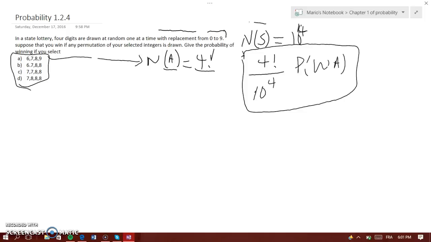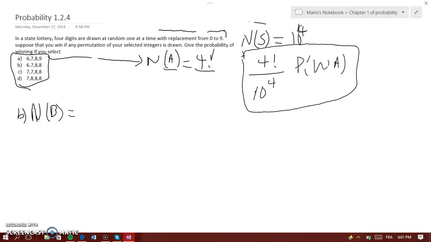Now let's look for B. We need to find the number of B. Remember, we still have 4 numbers, 6, 7, 8, 8.